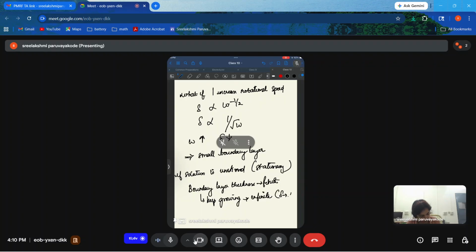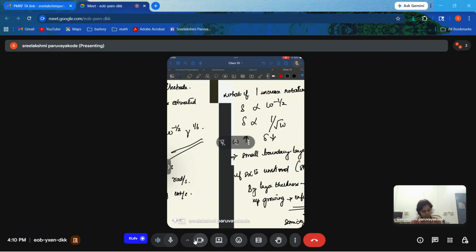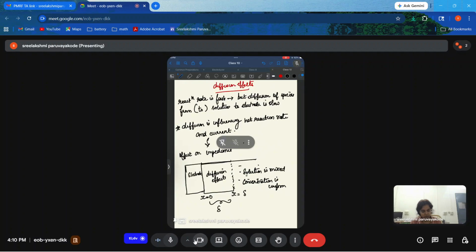That is, delta tends to infinity, and this case is called the semi-infinite boundary condition. So these are some of the things you need to understand when you are dealing with the diffusion effects. I hope this point is clear.